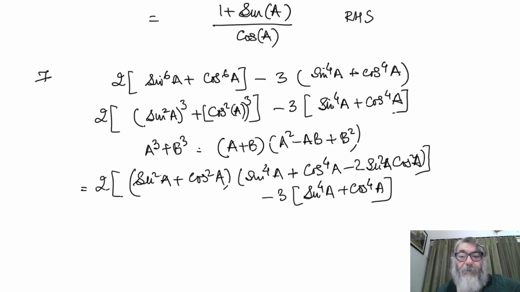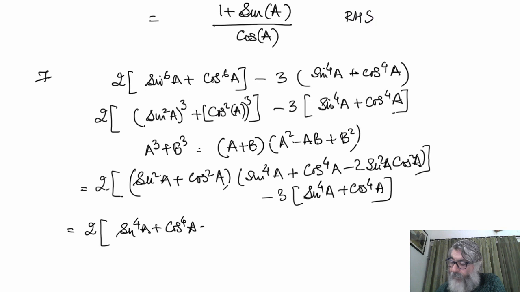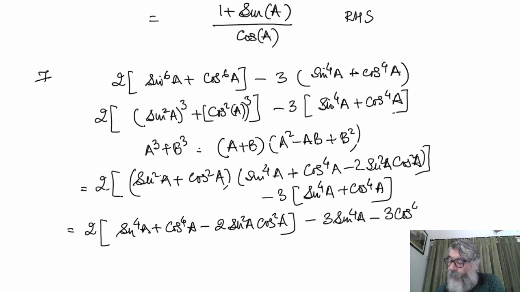Now sine square a plus cos square a will become 1. So what will you get? You will get 2, and I'll get sine to the power 4a plus cos to the power 4a minus 2 sine square a cos square a, and here I'll get minus 3 sine 4a minus 3 cos 4a.